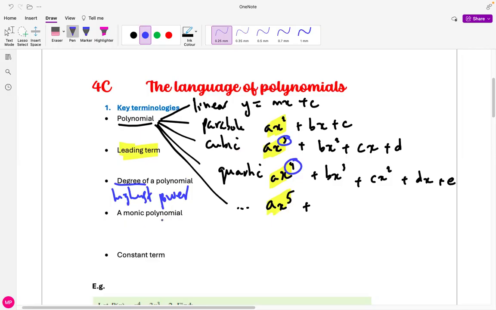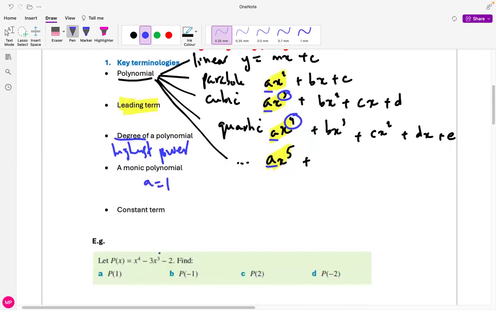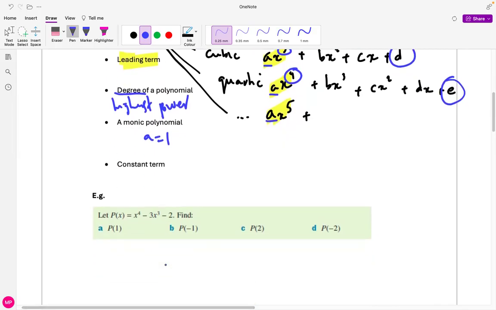A monic polynomial is when the coefficient in front of the highest power, technically we're talking about a, equals 1. So monic means a equals 1. And lastly, the constant term is just the term that has no x by itself. So we have c, d, e here. They call it the constant term. Okay.